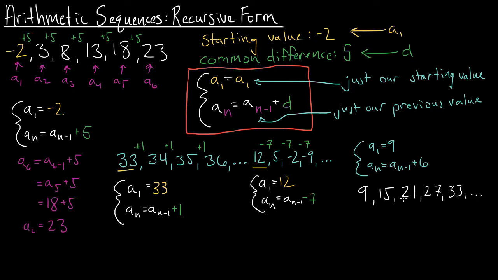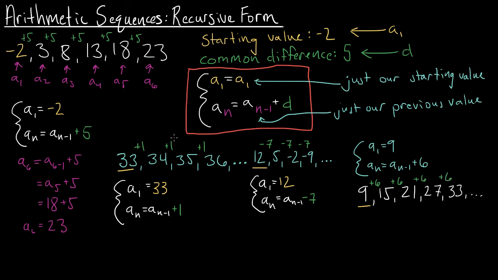And so just to color code this like we've done with the other sequences, my starting value is 9. That's my a sub 1, or my starting value. And then my common difference between each of these terms is positive 6. I'm adding 6 to go from each term to the next term.